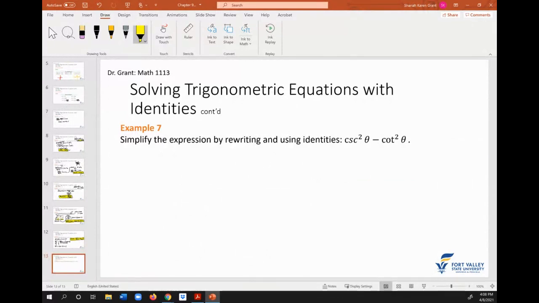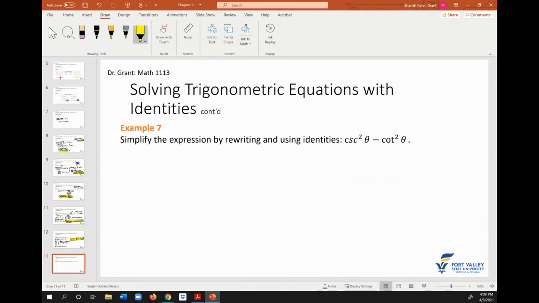Alrighty, so next we're going to do a quick problem simplifying expressions. And so recall, like I said previously, when we're simplifying, you want to see, well, what do they have in common? If possible, you want to write them in terms of sine and cosine, just to kind of see what we have.